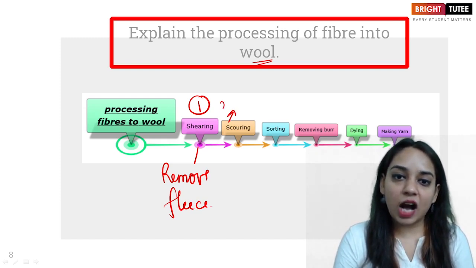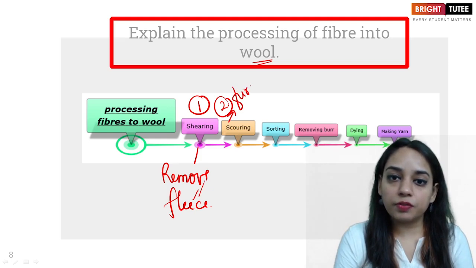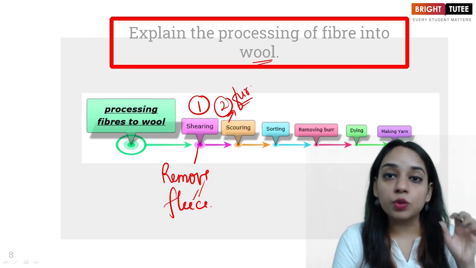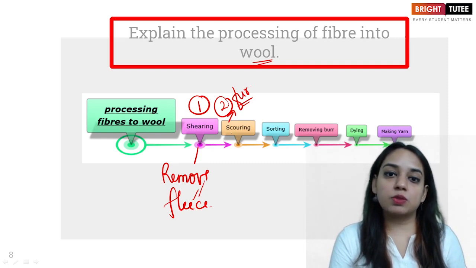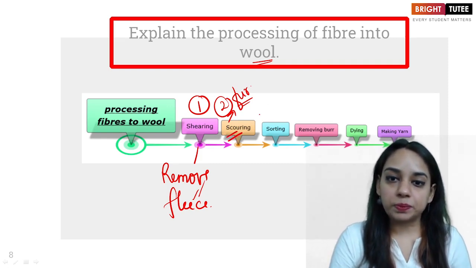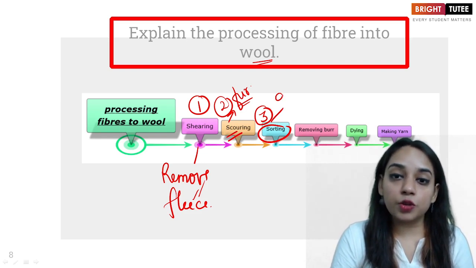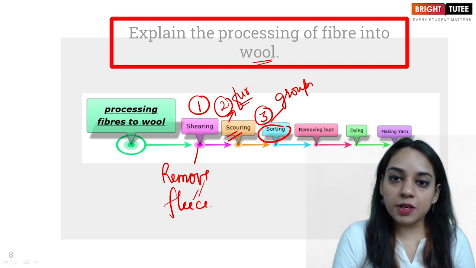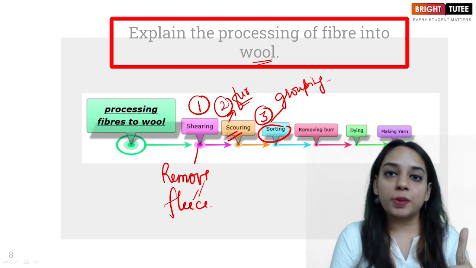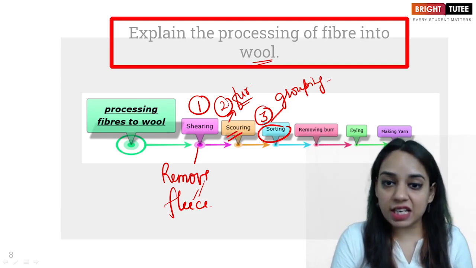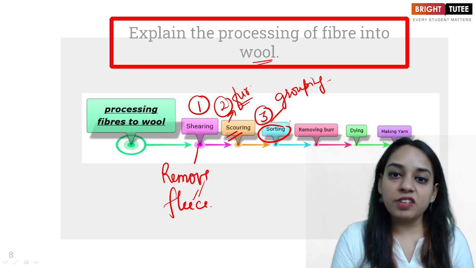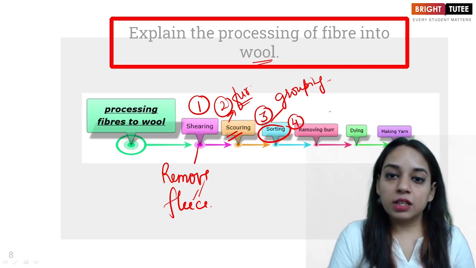Second method is scouring. So guys, once we have removed the fleece or the fur from the bodies of the animals, we have to clean it, and this process is known as scouring. Then guys, the third method is sorting, where we are grouping the fibers on the basis of their similar properties, similar quality, similar length. Okay, so this grouping is referred to as sorting. Then we remove burrs from the fibers.